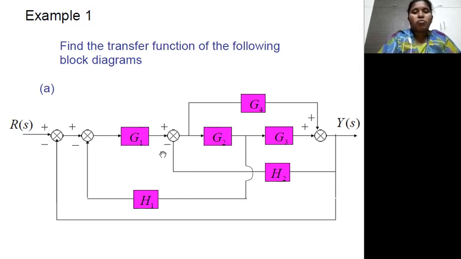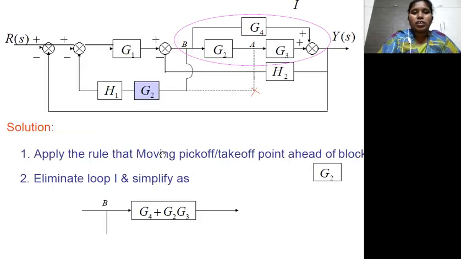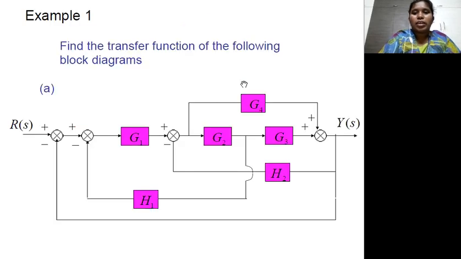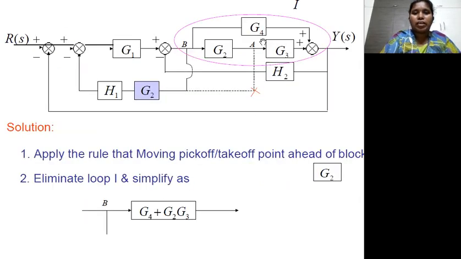So initially, this is the given block diagram. By seeing this block diagram, there is a branch point also. I am representing this branch point with point A and this point with point B. Initially, I apply the rule that the branch point, or pick off point, or take off point, can be moved ahead of the block G2.